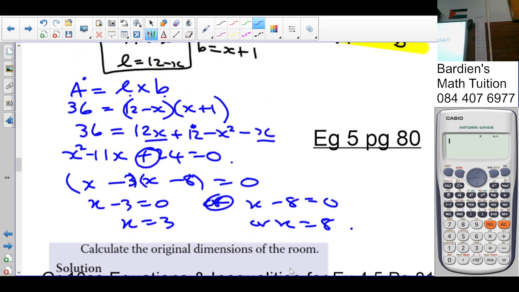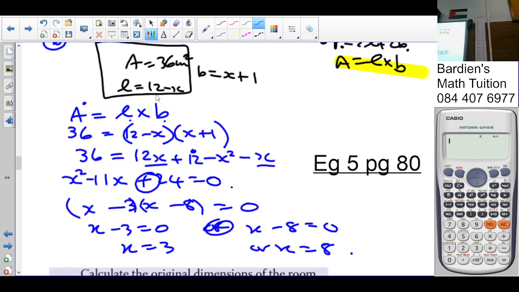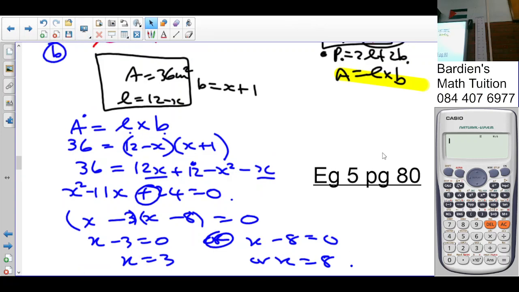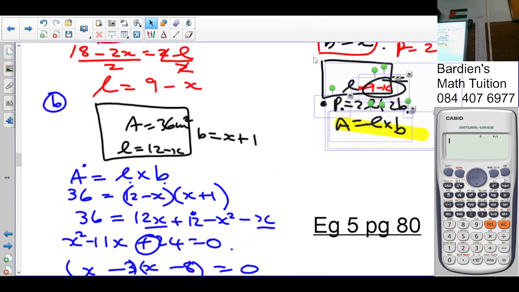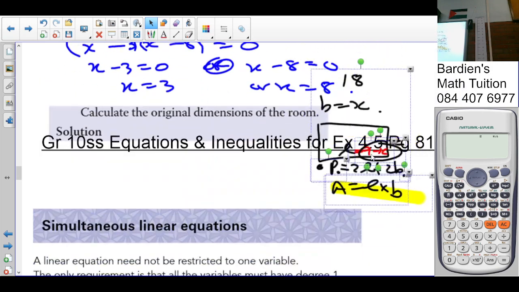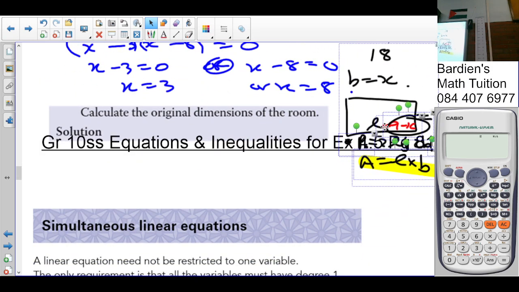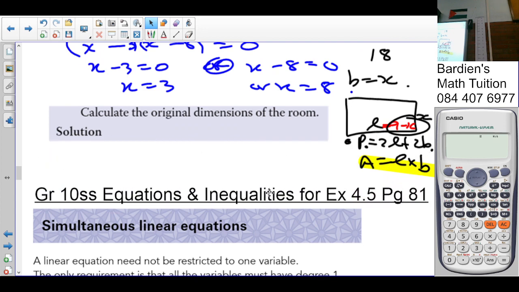So if I just take it back to the diagram, if x is 3, the question says calculate the original dimensions. So the original dimensions, of course, is going to be this here. So let's pull this down here quickly.